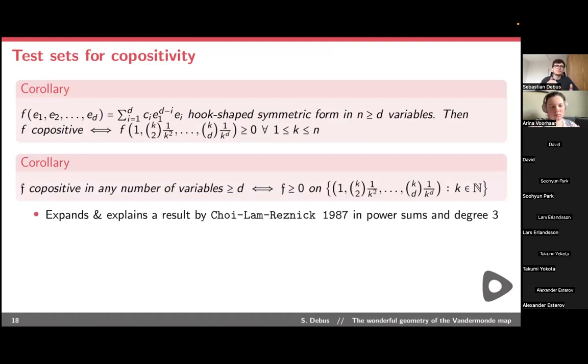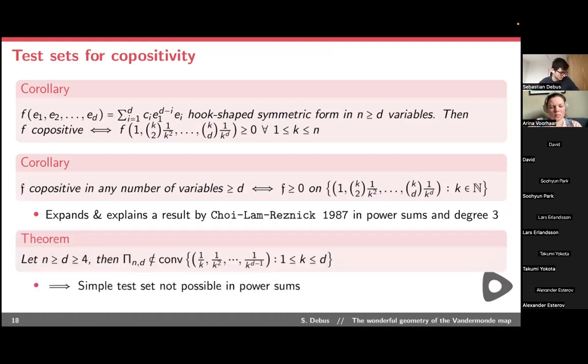And then copositivity is the same as non-negativity of even symmetric polynomials. And in their paper, they study even symmetric sextics. So this is a three-dimensional vector space, and restricted to p_2 equal to 1, it's a two-dimensional vector space. And their arguments, how they derive this result, are using trigonometric functions and some induction process. And with this, we give some more geometrical explanation of their results.